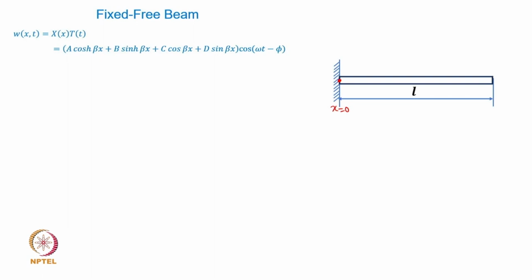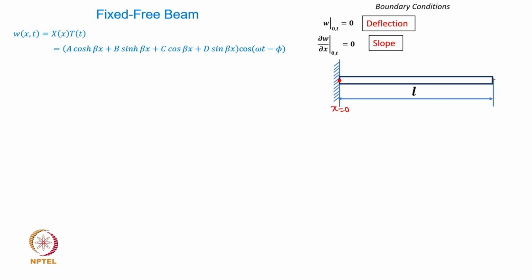So the slope and deflection, both of them are going to be 0 at x equal to 0. So that's how we can write w at x equal to 0 is 0 at all times, and the slope, which is going to be dou w by dou x, is going to be 0 at x equal to 0 at all times.